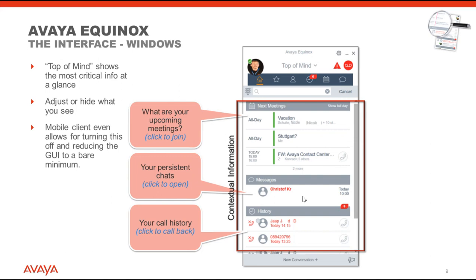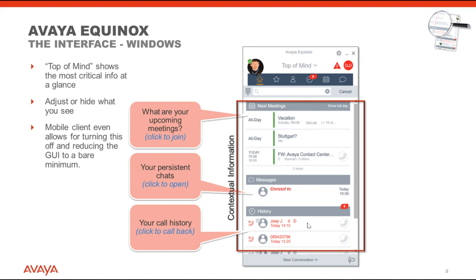The persistent chat is the instant messaging solution from Avaya, and it can also federate with other solutions like Microsoft. Call history, well, these are your calls. The call history will also show the calls that came in while you were not logged in.